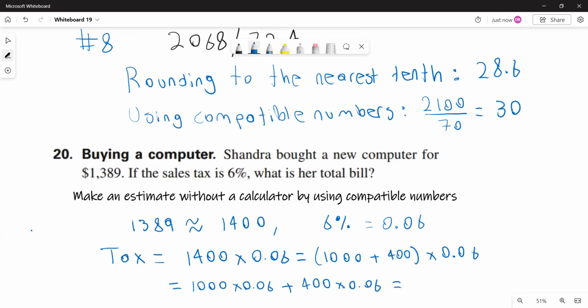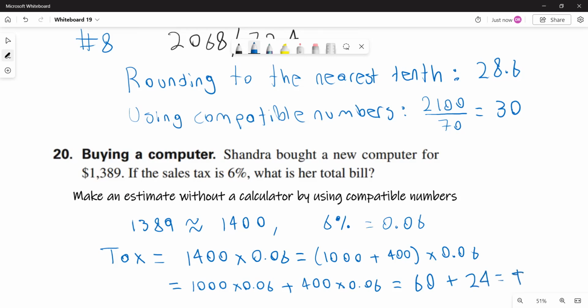Okay, so 6% of 1,000: 1 times 6 is 6, and then we need to move the decimal point two places. So that's going to be 60. 4 times 6 is 24, and then we have two zeros, but you have two numbers after the decimal point, so that's going to be indeed 24.